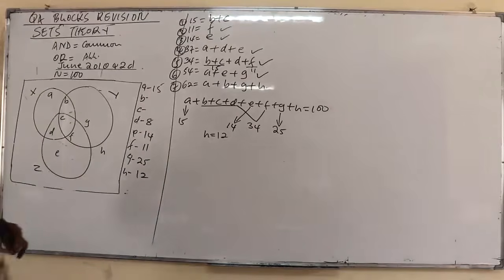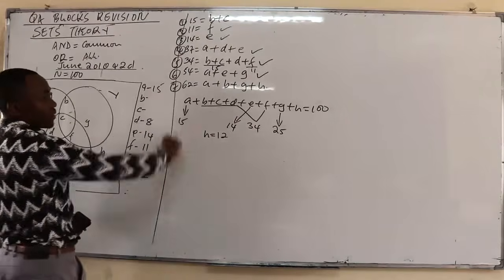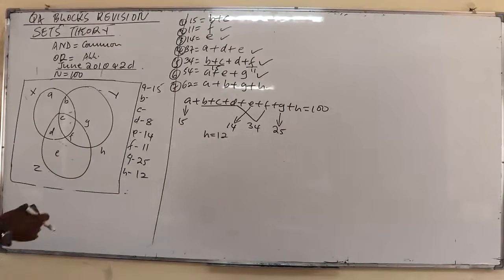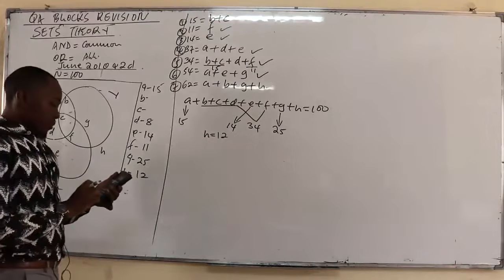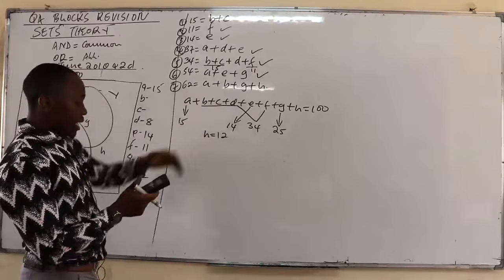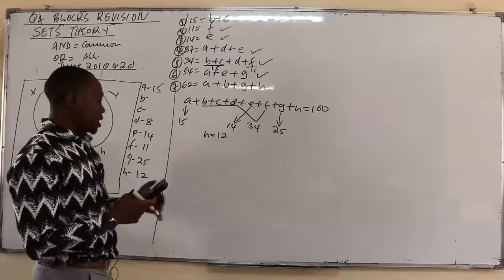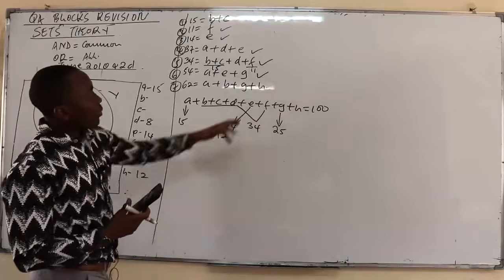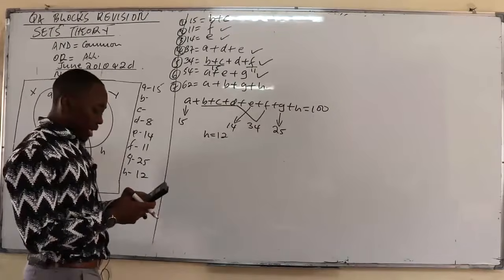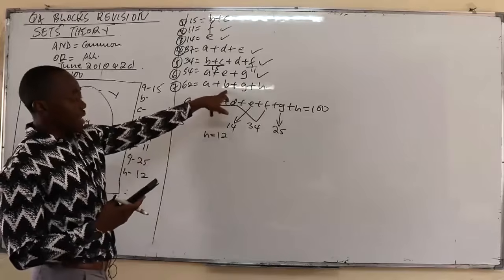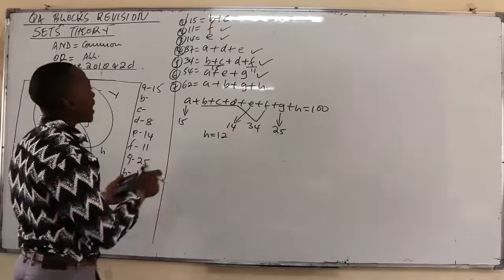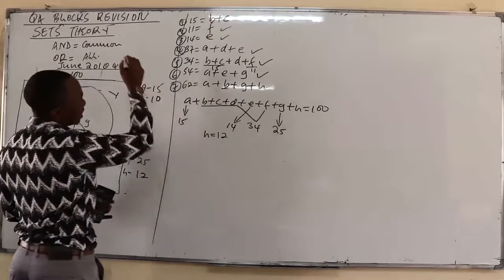If H is 12, now we can substitute in equation number 7. You take 62, you minus A, which is 15, you minus G, which is 25, you minus H, which is 12. So the remaining member is B. That means B is 10.